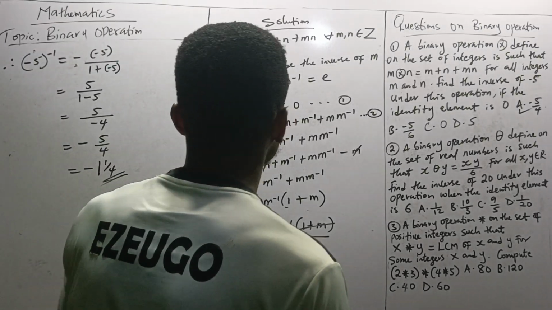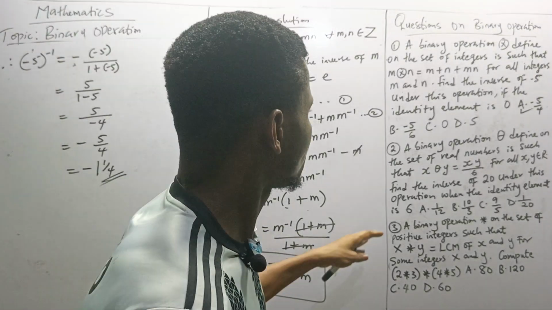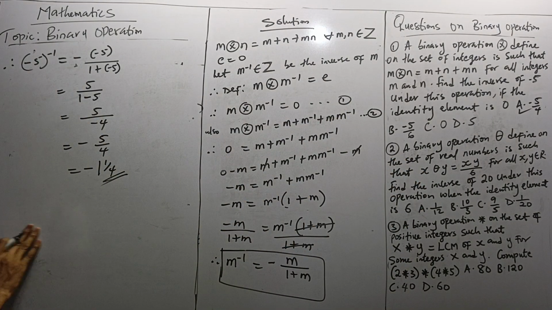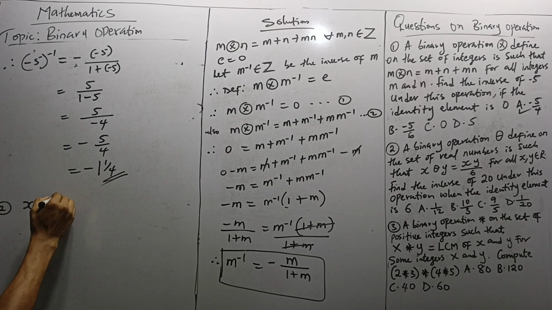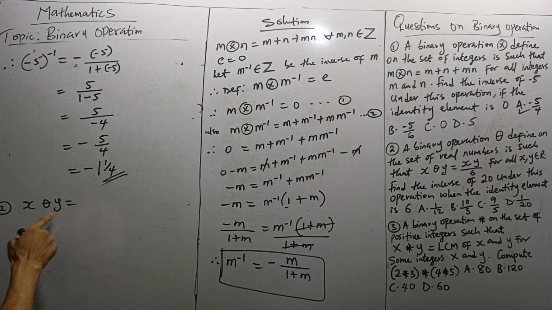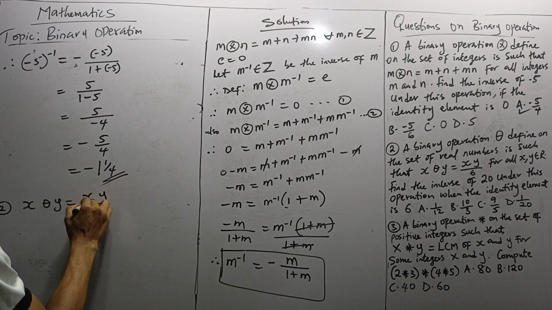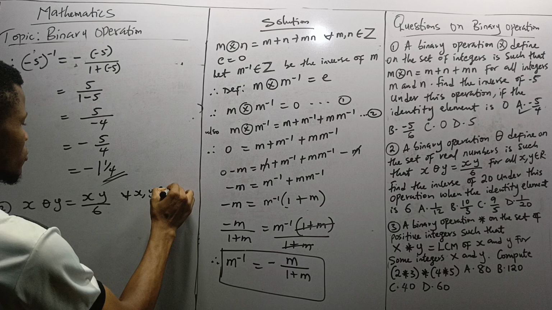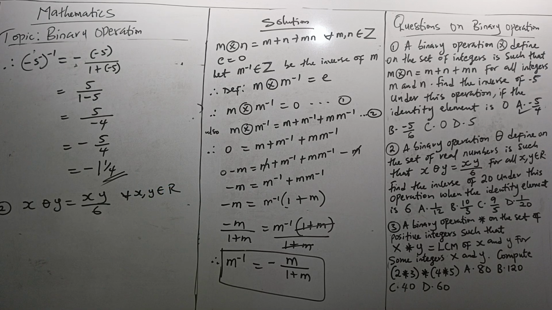Okay, so we go over to the next question. What does the next question say? Question number 2 says: a binary operation is defined on a set of real numbers by x * y equals the product of the two divided by 6, for all x, y in the set of real numbers.